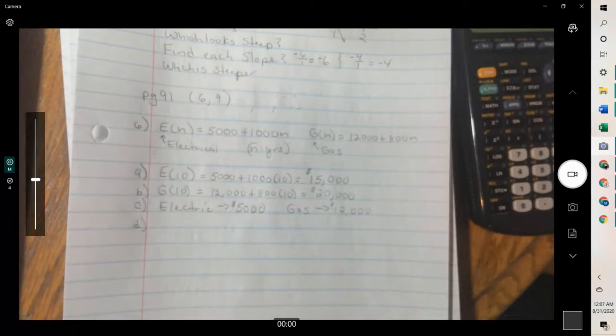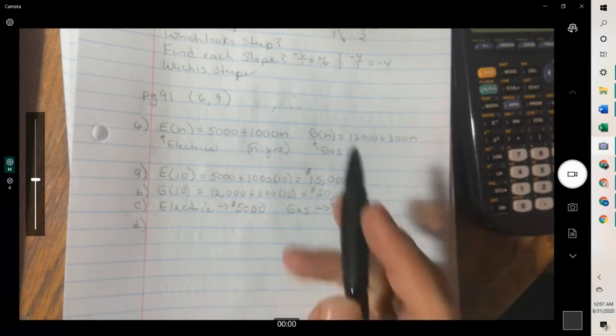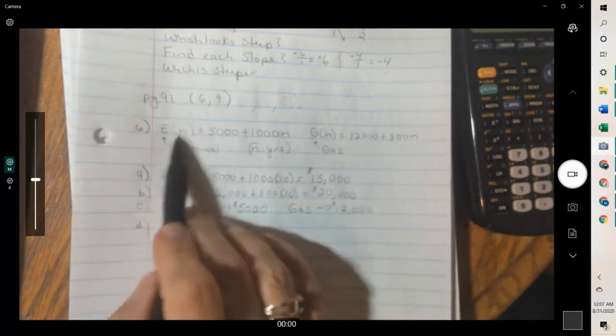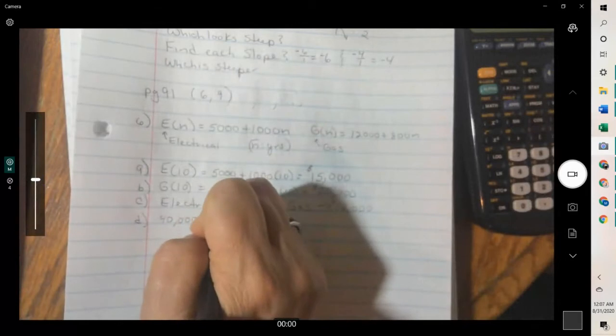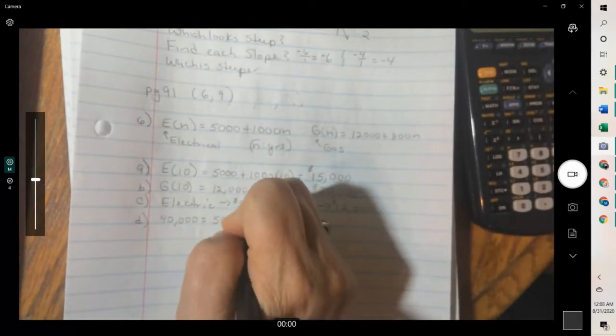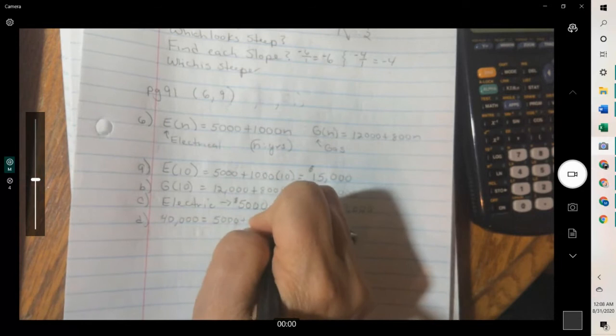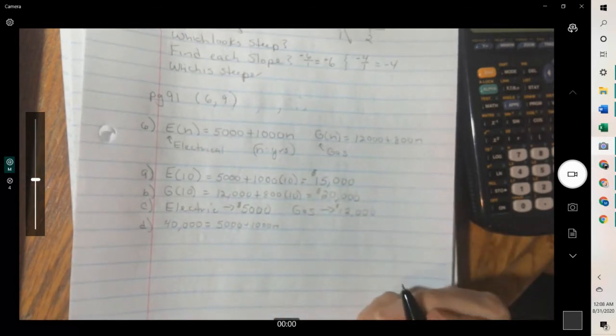Determine how many years it will take before $40,000 has been spent in heating and cooling a home that uses electric and then gas. So you'll see how long it takes before we spend $40,000. Well, spending or the cost is the function, so it has to go in here. So we're plugging 40,000 equals 5,000 plus 1,000 n. And we need to solve it.